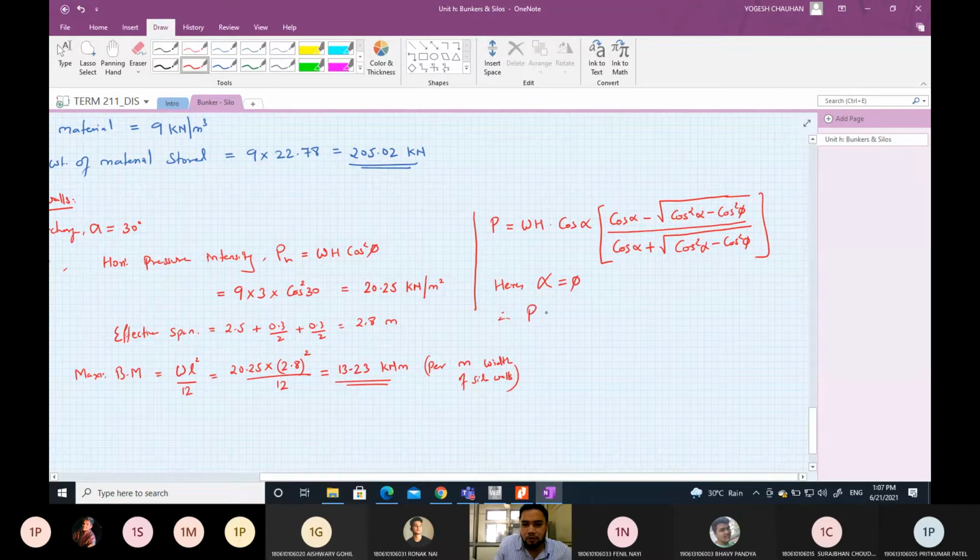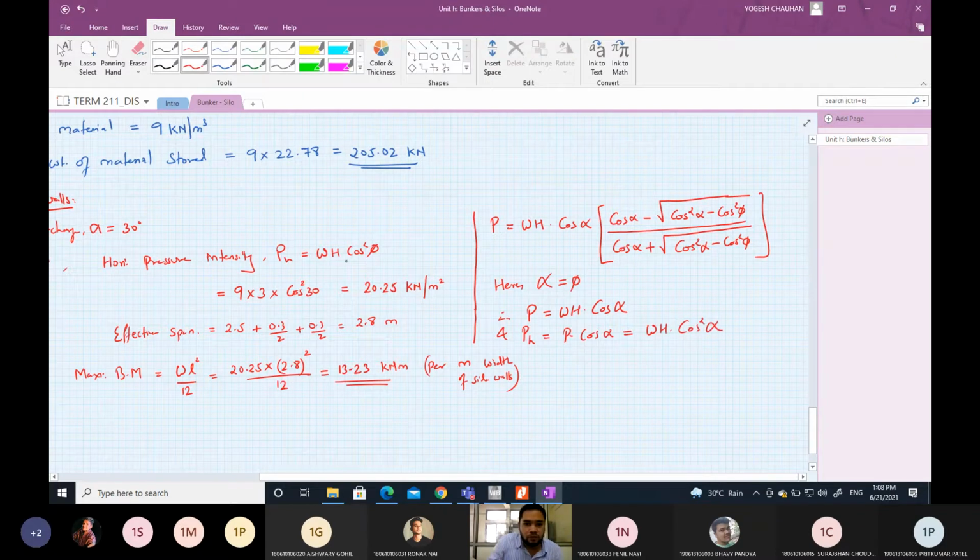So therefore P is equal to WH cos alpha, this gets cancelled, and the horizontal component is equal to P cos alpha, that is WH cos square alpha.